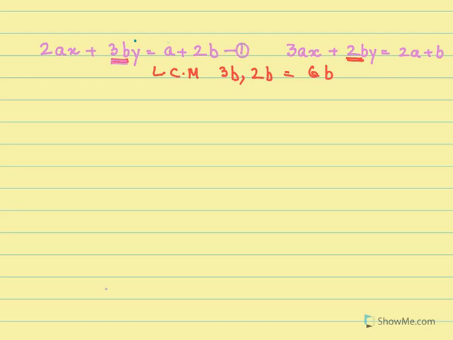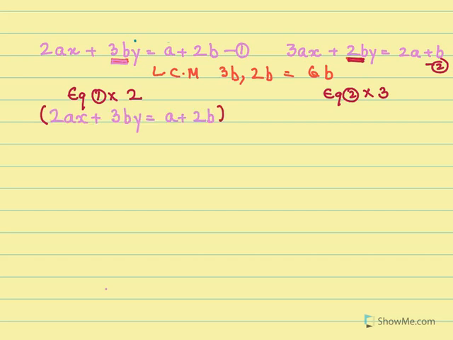If I want to make here 6b, I need to multiply it by 2. So I'll take 2ax. I take equation 1 and I need to multiply it by 2. Now look at equation, this is my equation 2. This is 2b and I need to make it 6b. So the equation 2 has to be multiplied by 3.